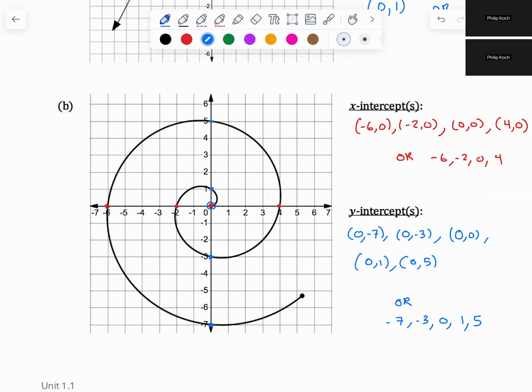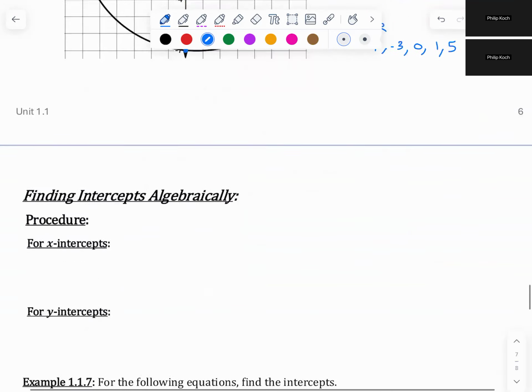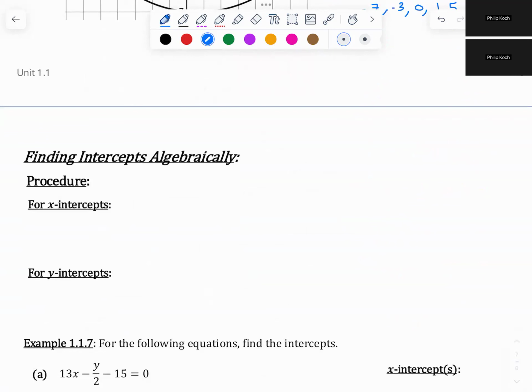And a y-intercept is where it crosses the y-axis, which is precisely where x is equal to 0. So if you're not given a graph, you can still find the x-intercepts and y-intercepts. For x-intercepts, you're going to set y equal to 0 and solve for x. And for y-intercepts, you're going to set x equal to 0 and solve for y.